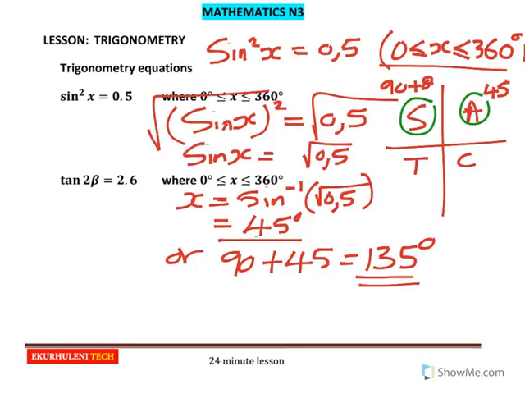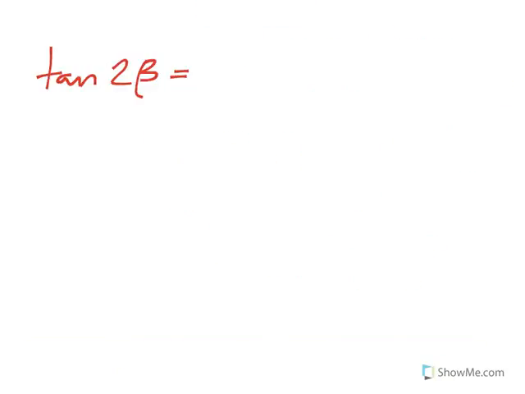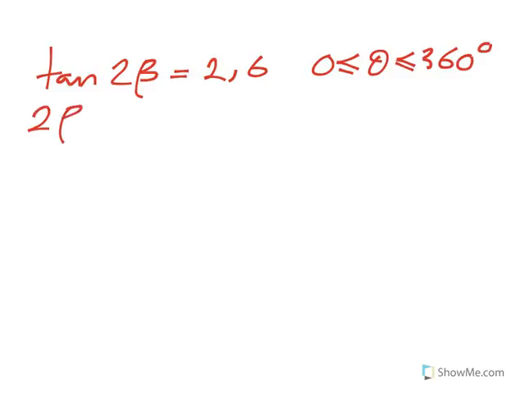tan 2 beta is equal to 2.6, and the range is still the same: 0 is less than or equal to theta, less than or equal to 360 degrees. So what you do, the same thing, you always write what is inside there.